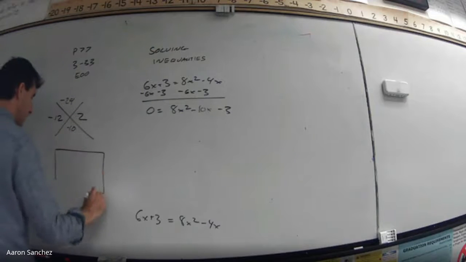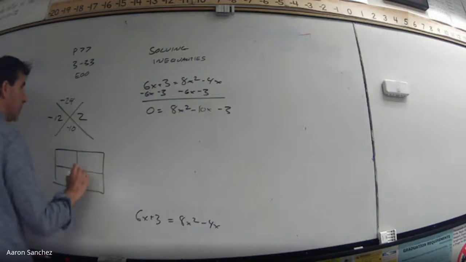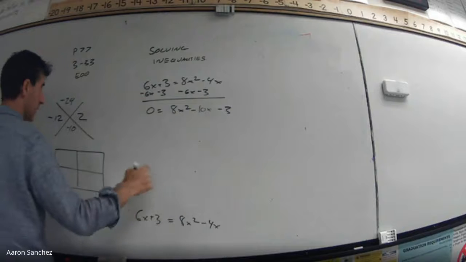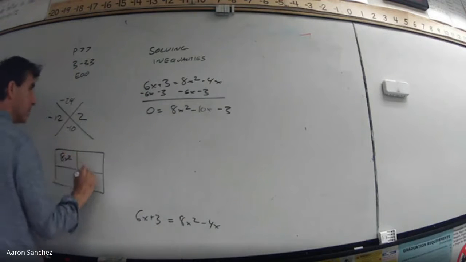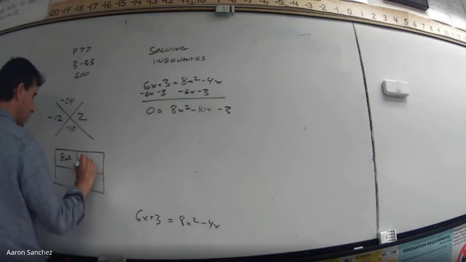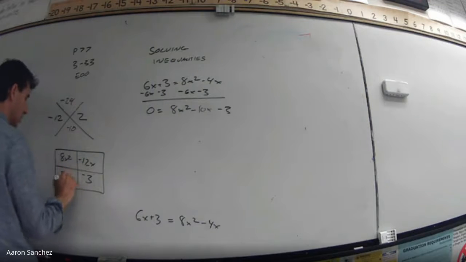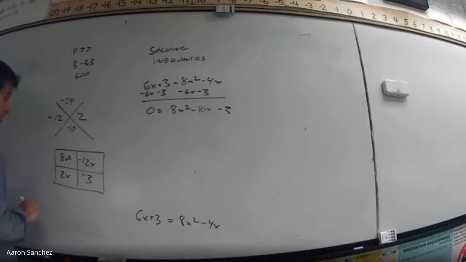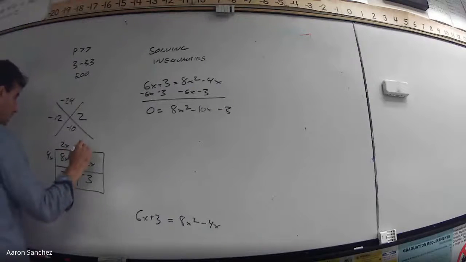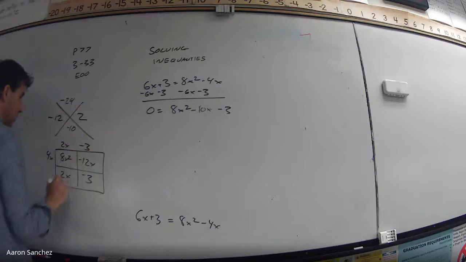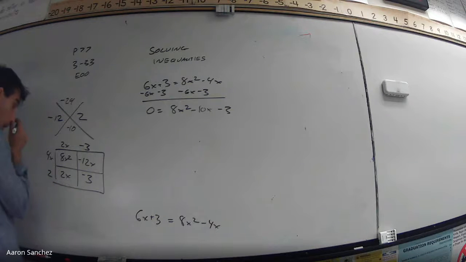Got my box. Let's put this in, right? 8x squared, negative 3, negative 12x, and 2x. What times what equals 8x? 4x and 2x. This will be 3, negative 3. This will be 2. Wait, there's something wrong here.